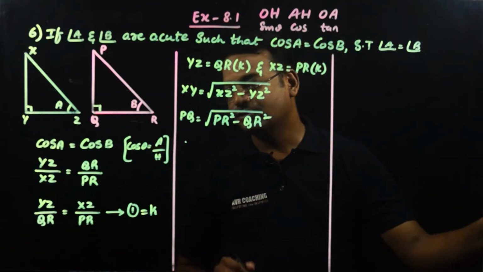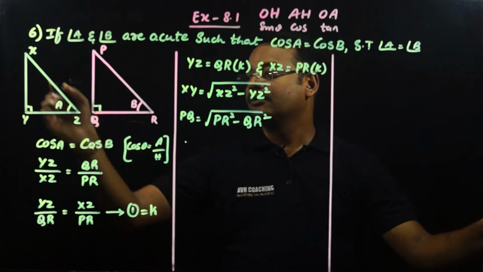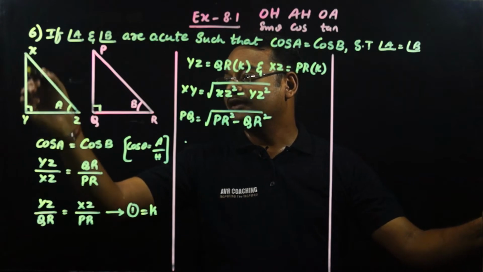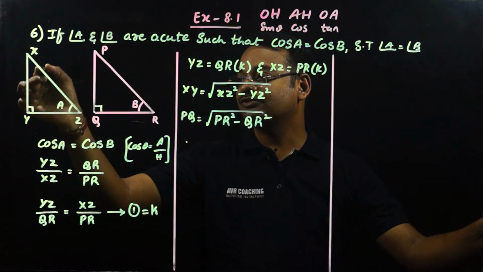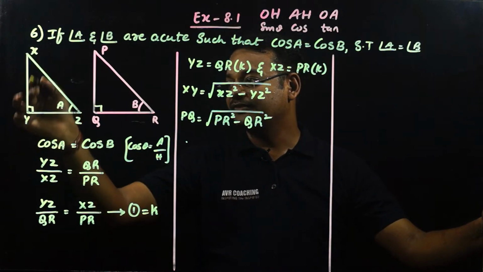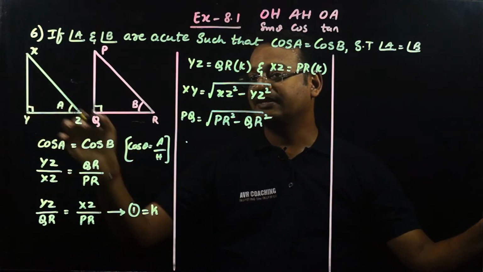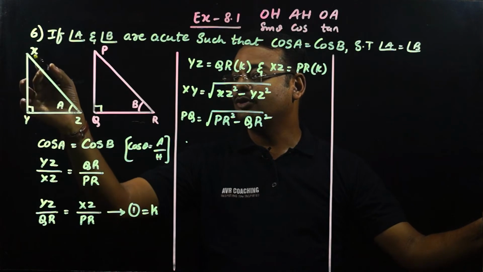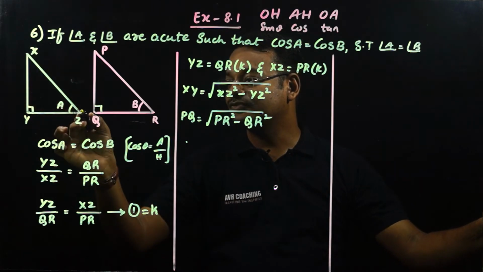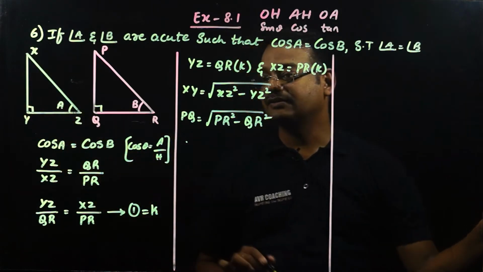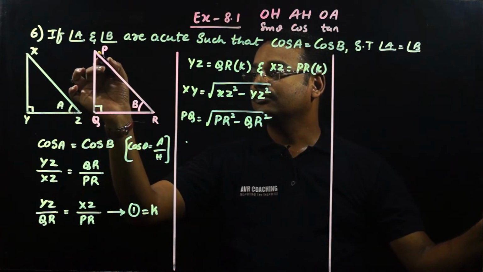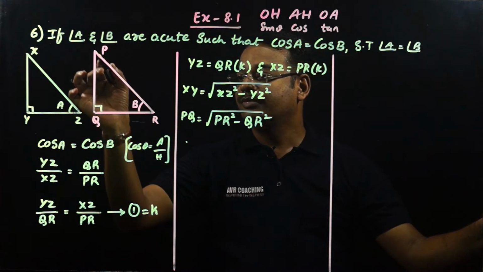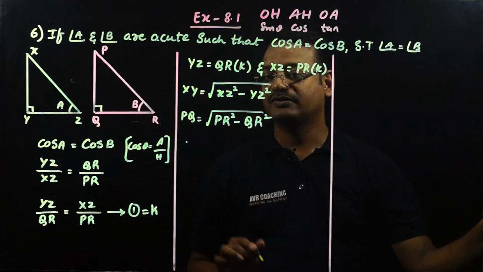And using Pythagoras theorem, we have to prove that XY is proportional to PQ. So for that, we need to first find out the side XY. Using Pythagoras theorem, XY is equal to root of XZ square minus YZ square, and PQ is equal to root of PR square minus QR square.